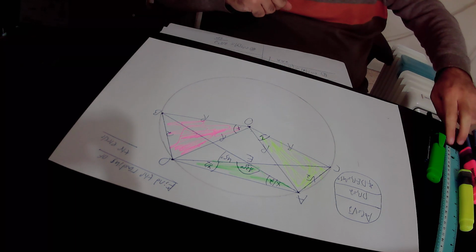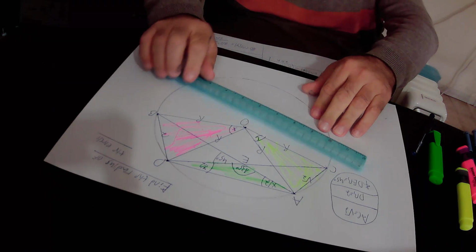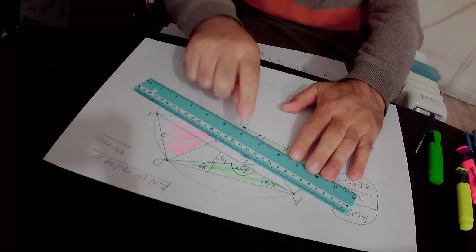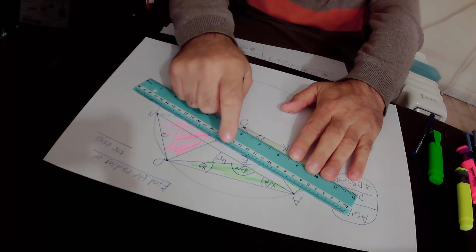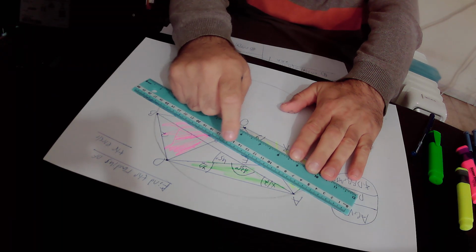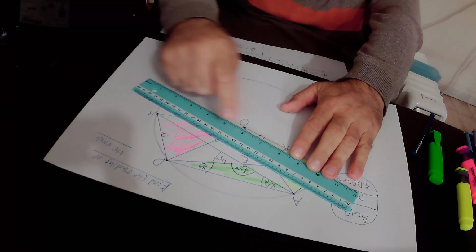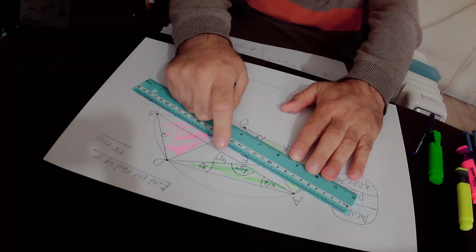Then we have the straight line AB. We focused on the straight line AB at point E. Of the angles on the upper side of the straight line AB at point E, we have this angle that is equal to 45 degrees.